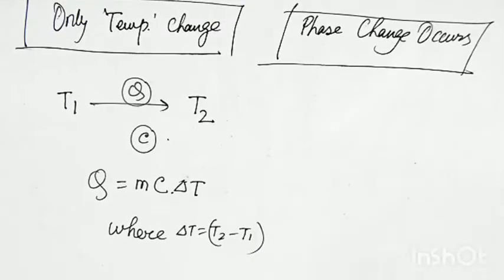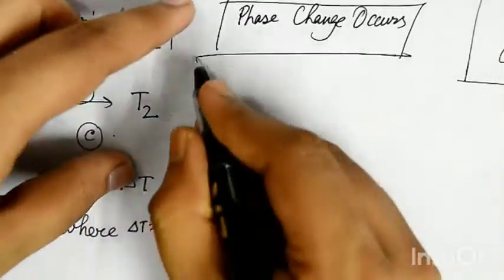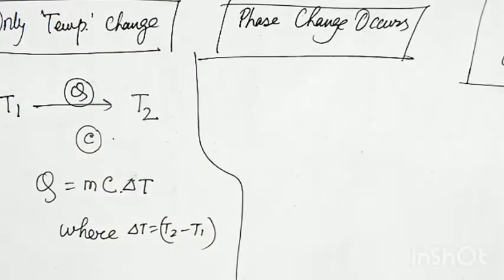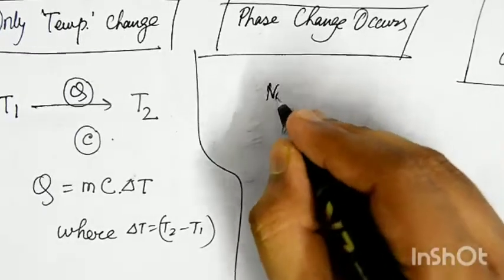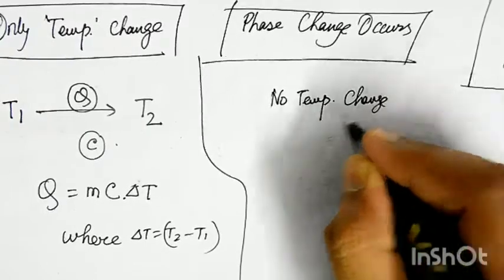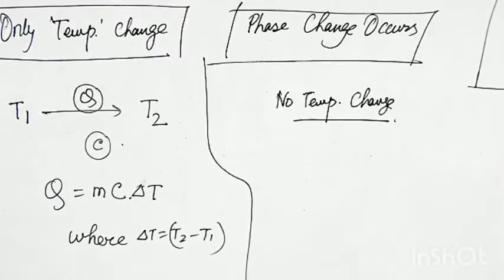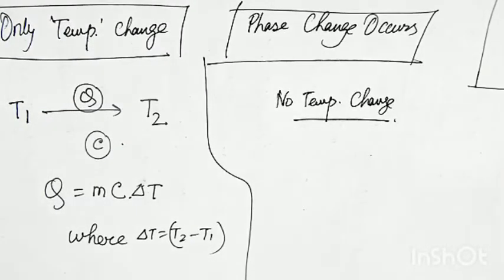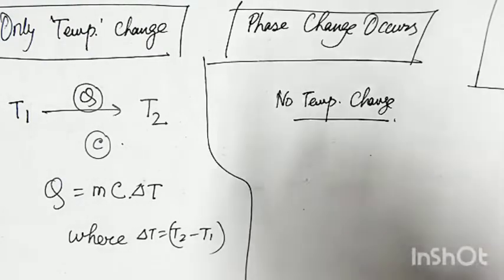The second kind of cases is where only change of phase is occurring. That means only solid to liquid transition but no temperature change, because we all know the phase change means any kind of melting or vaporization or sublimation. Any kind of phase change basically occurs at a fixed temperature, so we don't need to worry about the temperature change. We will only think about the latent heat.